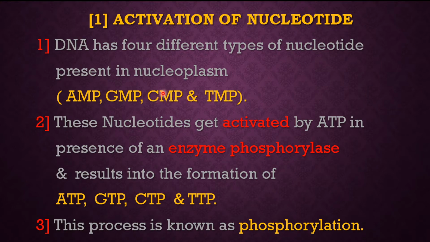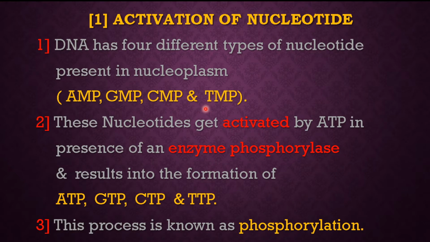What happens now? These 4 different nucleotides become activated. This activation is taking place due to the presence of an enzyme called phosphorylase. The name of this enzyme is very important. So what is happening here? Initially inside the nucleoplasm there are 4 different types of nucleotides in the form of monophosphate.